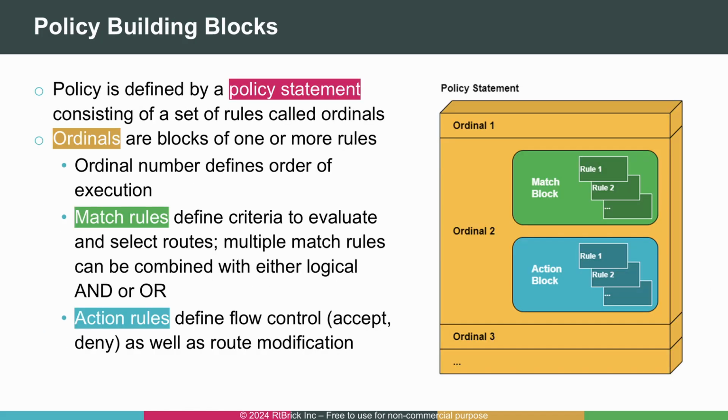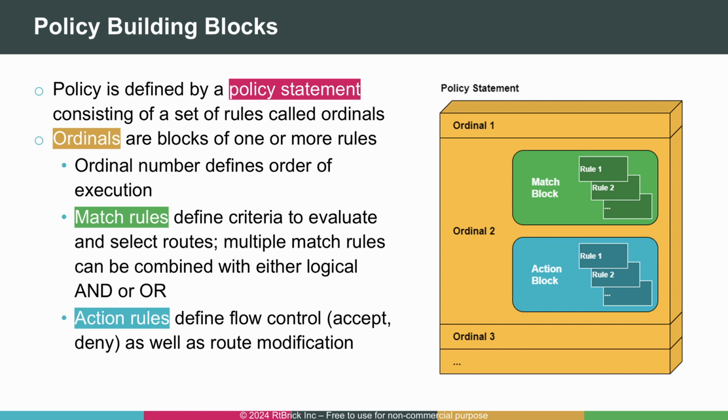Policies in RBFS are defined using policy statements, which are named entities that encapsulate routing decision logic. These statements are referenced by client protocols to apply routing policies during operations. Each policy statement consists of one or more ordered blocks known as ordinals. Every ordinal is assigned an execution order and contains two components, the match block and the action block.